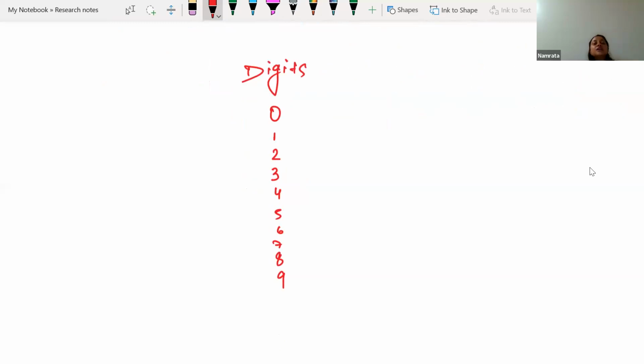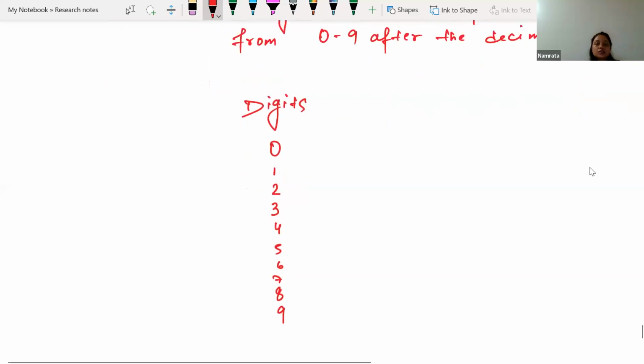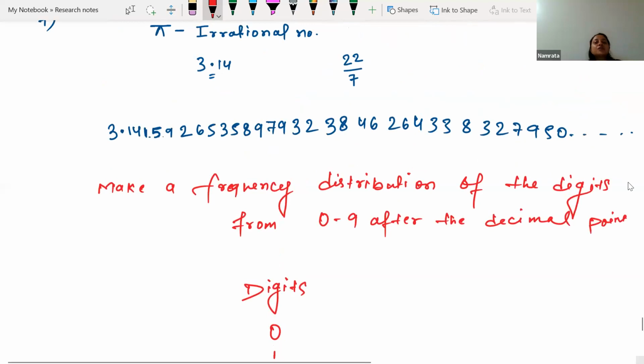And now we will be seeing after the decimal how many times 0 is there. After the decimal point, we have to check the frequency. After the decimal, how many times 0 is there, how many times 1 is there, how many times 2 is there. That's what we have to check from here.